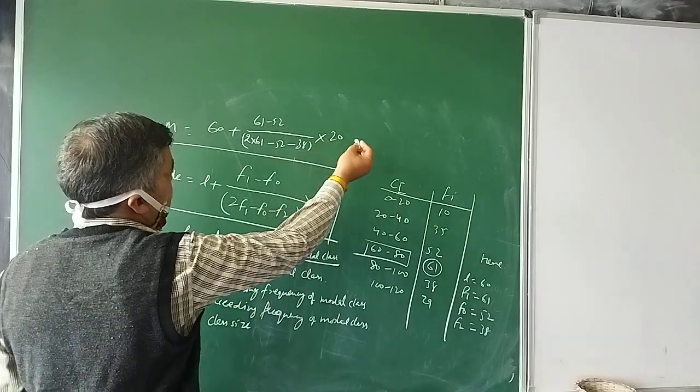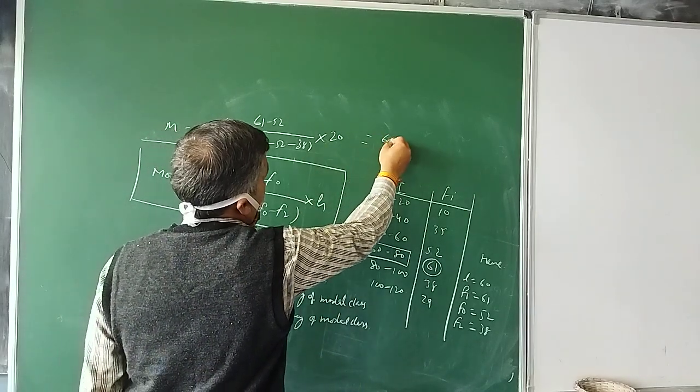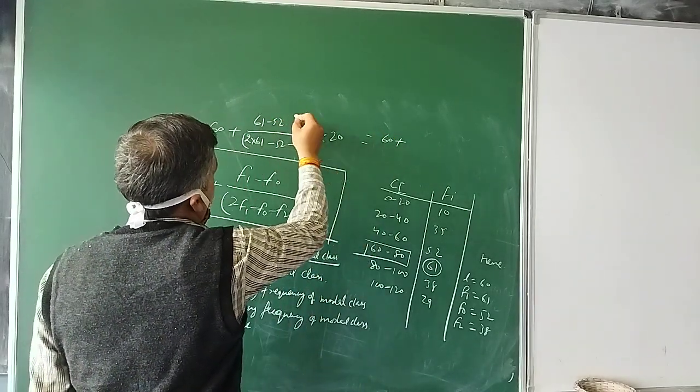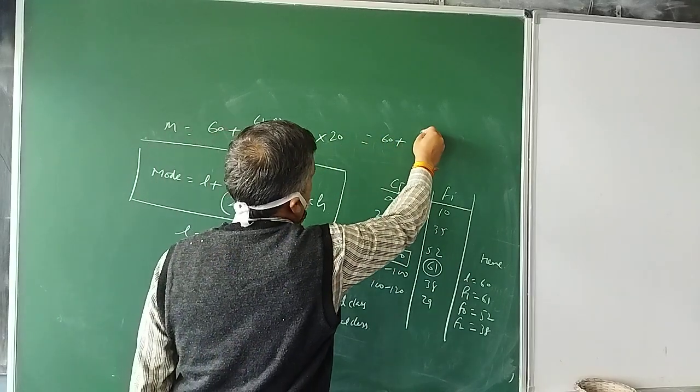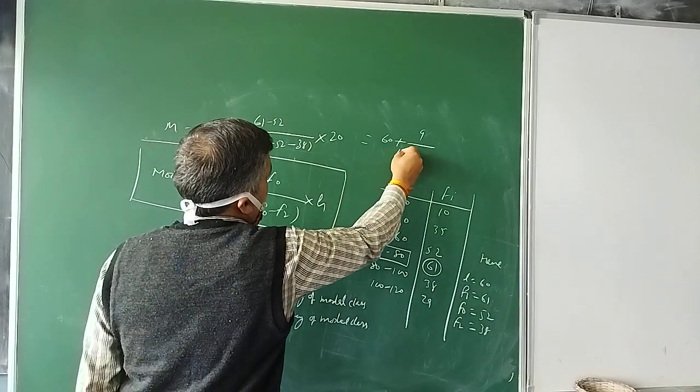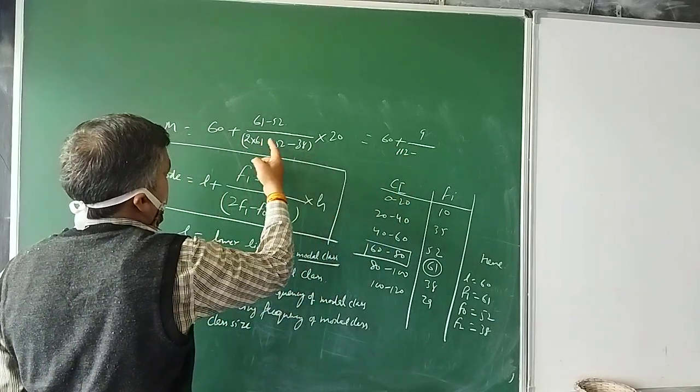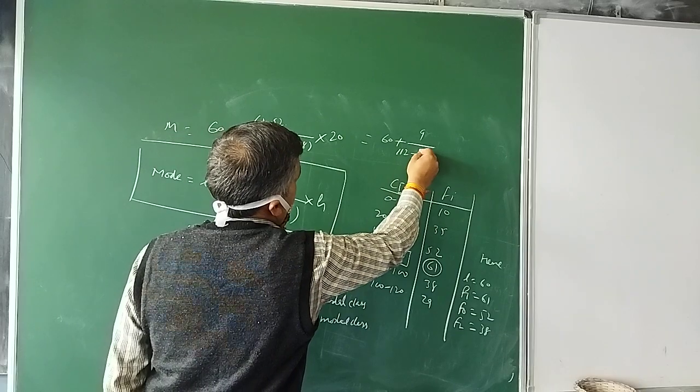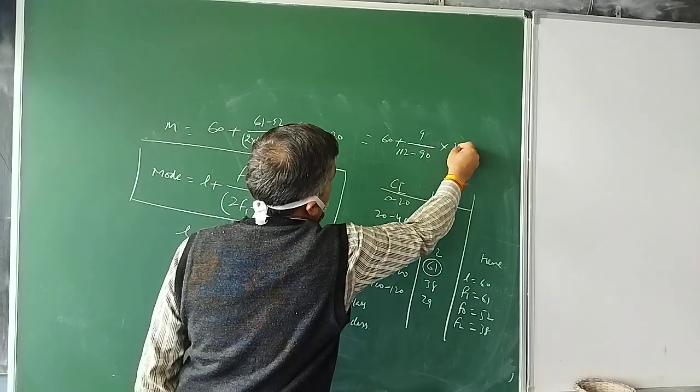Then finally you will be doing the calculation. It will be 60 plus 61 minus 52, that is 9, upon 122 minus 90, into 20.